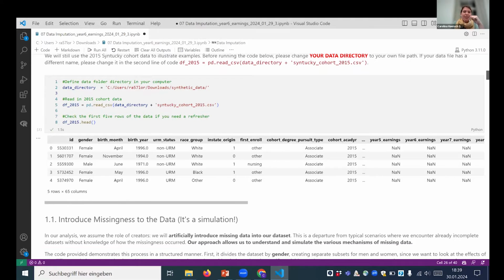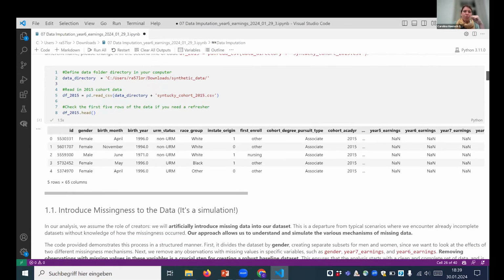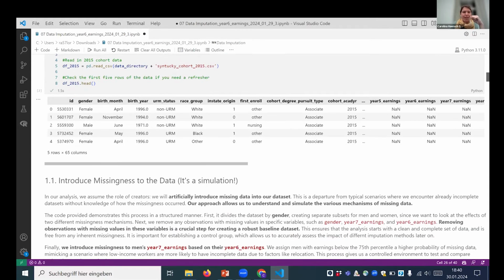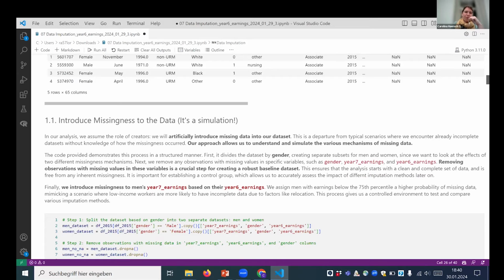Would be great. Yeah. So what you can see here is the data that we have available in the synthetic data, and we will only use 3 of them here: gender, year 6, and year 7 earnings for a little demonstration of how imputation works.